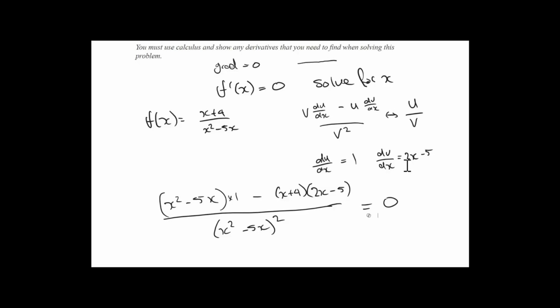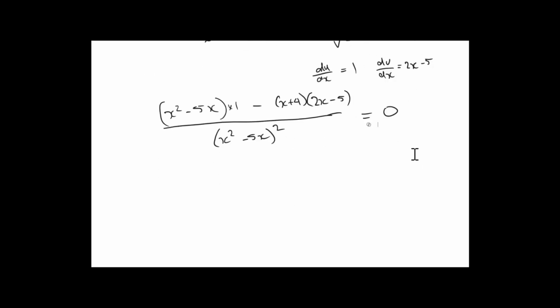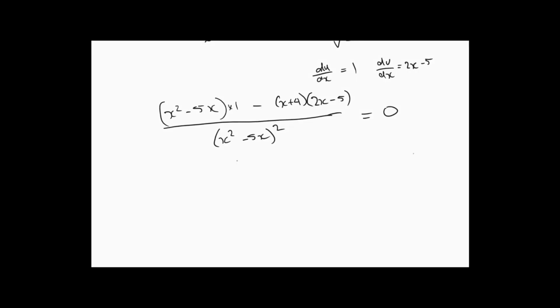That equals 0 is going to help us a lot because we're not going to care from here on about what's in the denominator. Because if we multiply both sides by this, we're just going to get x squared minus 5x times 1. And then we're going to need to expand out these brackets, I guess.